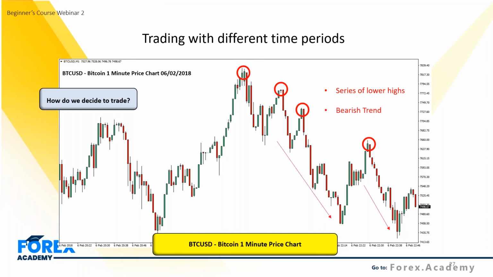We are seeing the market trading down, albeit with volatility, but we're seeing a series of lower highs. We can see that the trend is starting to become a little bearish, so we can potentially look for a trade here to the downside. Where would we look to trade this market here? And of course, we choose somewhere along this level here.